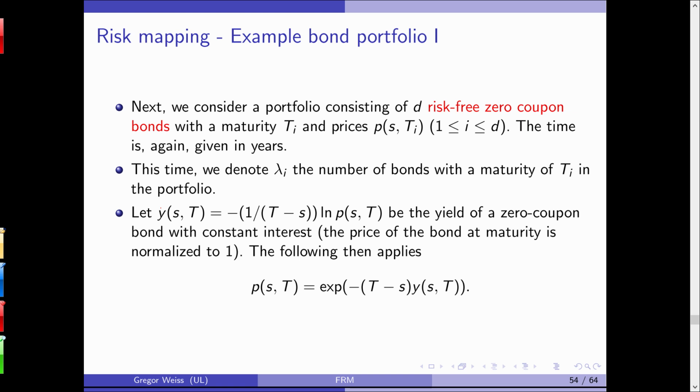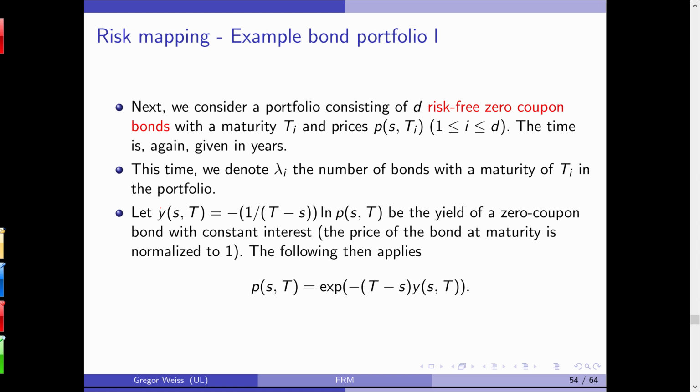Okay. Now, next, let's assume we have a portfolio consisting of D risk-free zero coupon bonds with a maturity T_i and prices P(S, T_i). The time is given in years, and again we denote by lambda_i the number of bonds with a maturity of T_i in this portfolio.